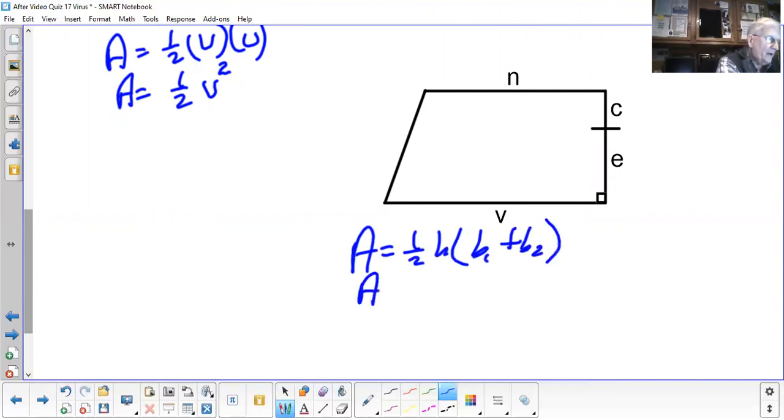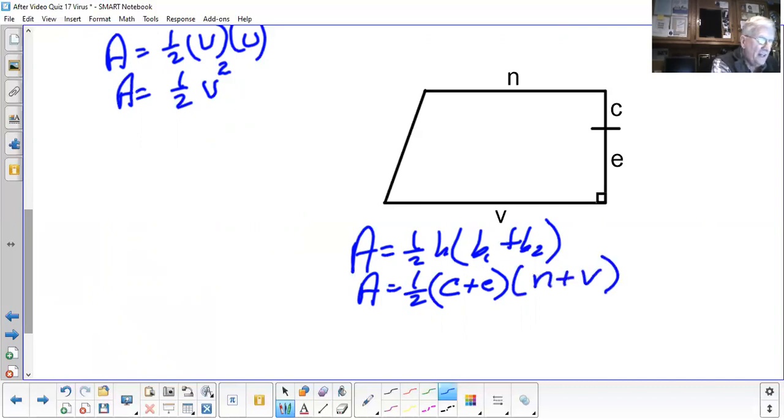I will write area equals 1/2. The height now is in two pieces, C and E. So I'd have to add those together, wouldn't I? So I'm going to write C plus E. So that would make up the height. And then my two bases would be N plus V. So that formula in letters would represent how to get the area of that particular trapezoid.